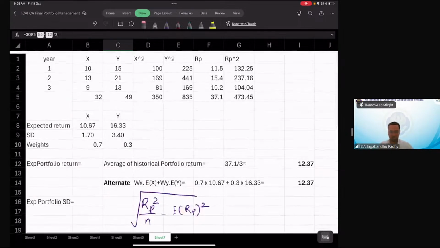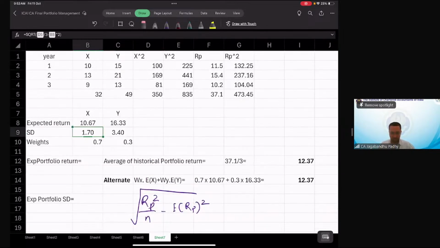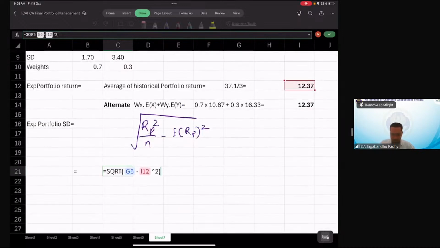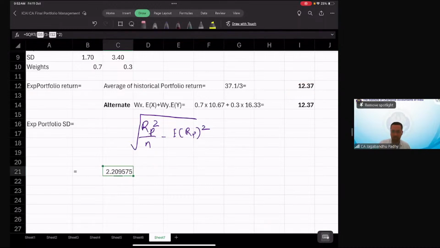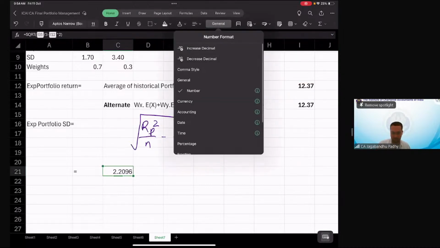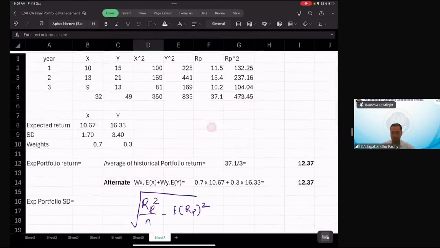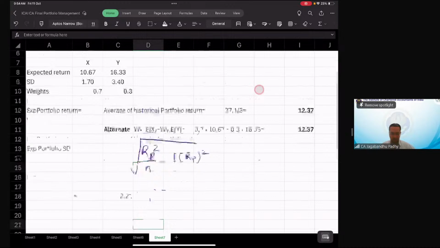Right? So we're getting this as this 1 divided by 3. Yeah, so we get this as 2.21. So portfolio standard deviation is 2.21% using the historical returns.